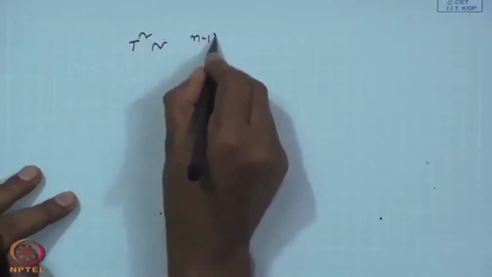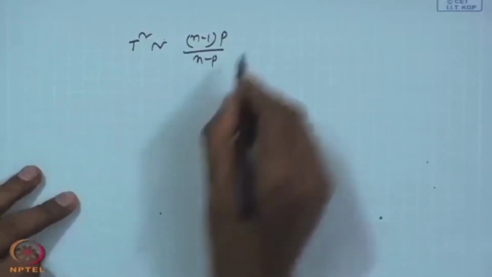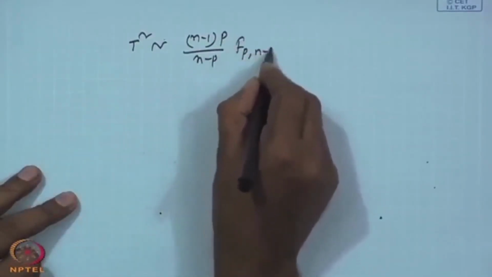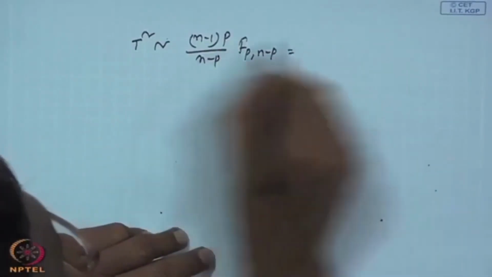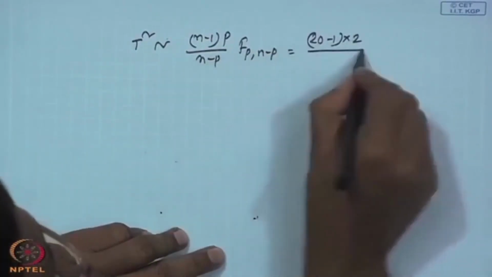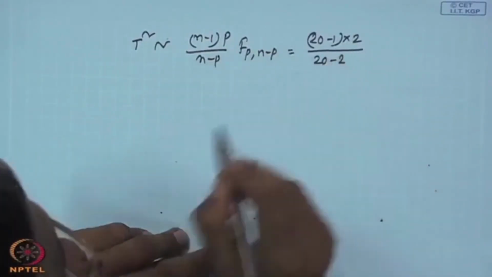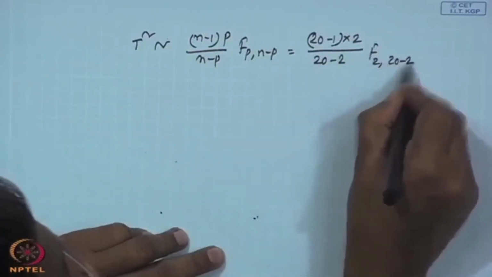Now, my second question is, what will be the distribution of it? Distribution means T square follows (n minus 1) into p divided by (n minus p) F with p and n minus p degrees of freedom. So, n is 20, (20 minus 1) into p is 2, divided by (20 minus 2), then F with 2 and 20 minus 2.